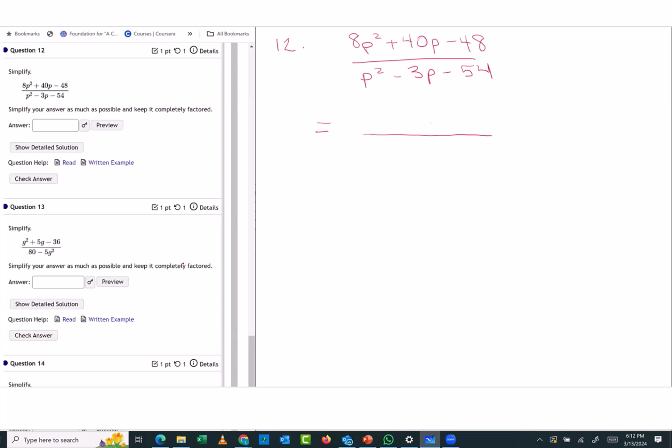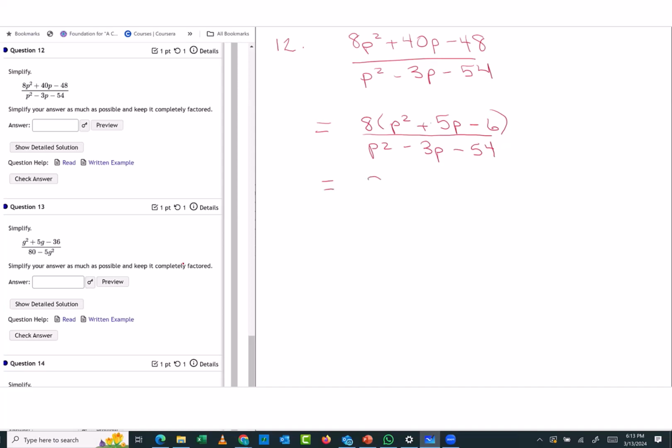I can't simplify anything as long as it's in non-factored form. Well, in the numerator, I can factor out an 8. That should help a lot. That gives me p squared plus 5p minus 6. And in the denominator, the greatest common factor is just 1, so I leave it.